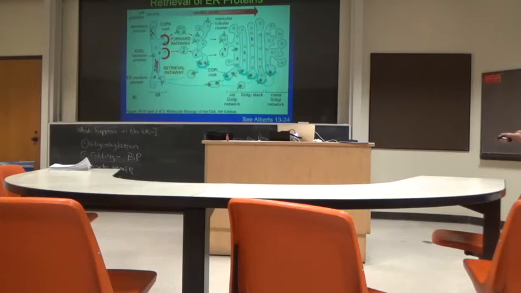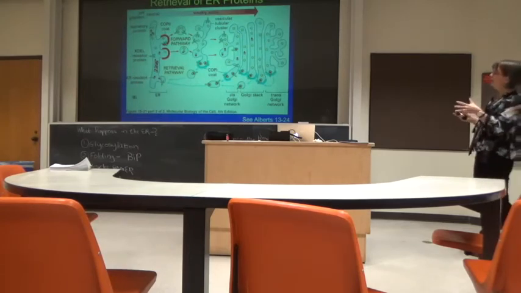So the cis Golgi is a little bit more acidic. It has a slightly lower pH than the ER. Then as you go through the stacks of the Golgi, you get more acidic, with the trans-Golgi network being more acidic than the cis Golgi, being more acidic than the ER, et cetera. We'll see later that the lysosome is a super acidic compartment.